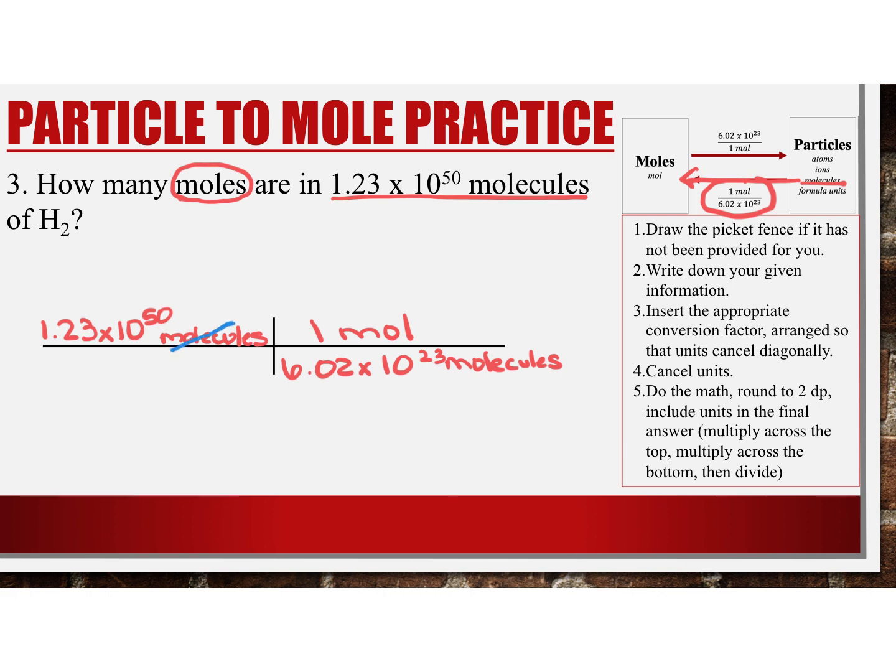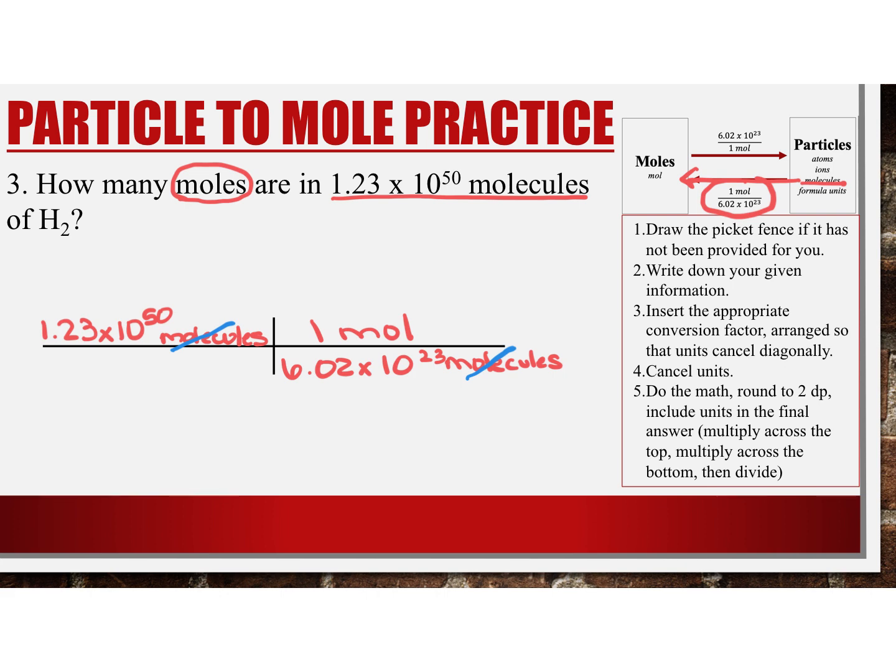We're going to cancel those out as we do our math, and then this time we're going to divide. We have a number on top and we have a number on bottom. Now, if there was something other than a 1 up top, we would multiply across the top, multiply across the bottom, and then divide. But that is not an issue for this problem.